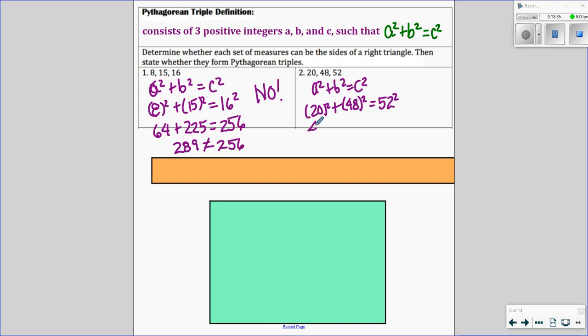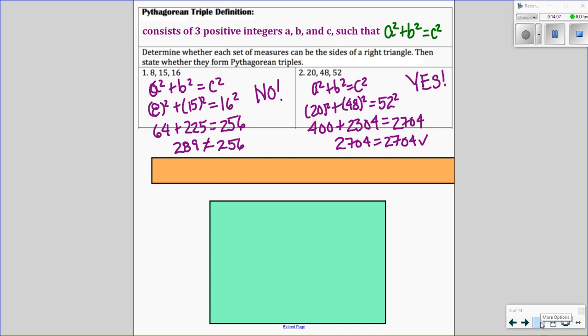So this will become 400, and 48 squared gives us 2304, and then 52 squared will give us 2704. When you add up those two, that's going to give you 2704, which also equals 2704. So yes, 20, 48, and 52 are a triple.